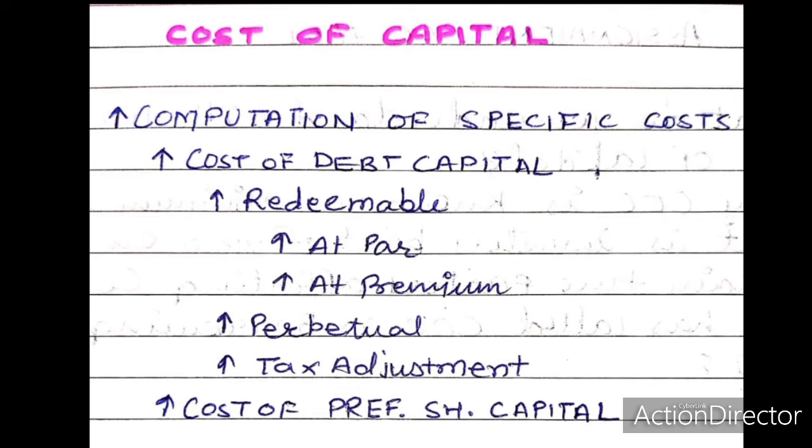Besides these, the cost of perpetual debentures, that is the debentures which are not redeemable during the lifetime of the company, shall be ascertained by dividing the amount of interest by net proceeds, that is Kd equals R divided by NP, where Kd is cost of debt, R is annual interest payments, and NP is net proceeds.